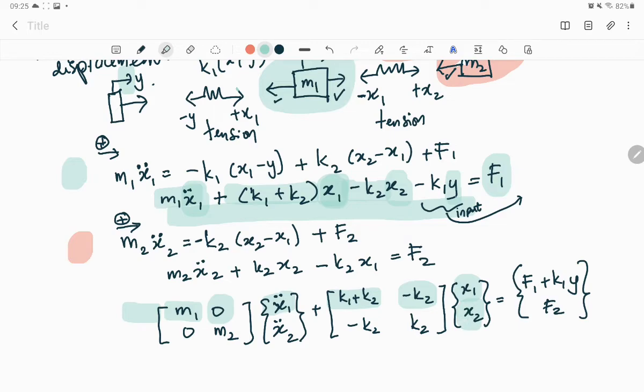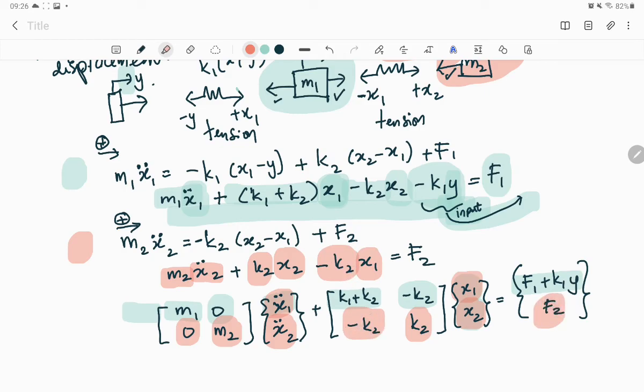Just now I forgot, your k1 y is basically input to the system, so you can bring it to the other side. So I put f1 plus k1 y. Then the second equation, you have m2 X double dot 2, there is no x1 so that is 0, and then k2 x2 is here because that is the location for your x2. For your x1 you have negative k2, so you put it here, and then you have f2.